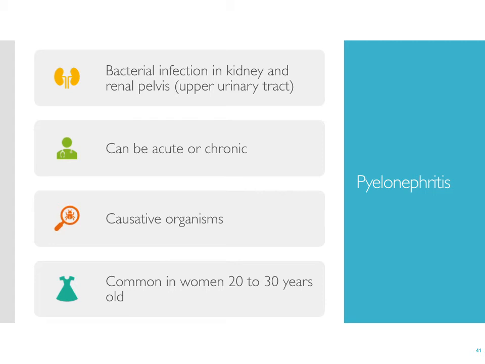So in other words, in the upper urinary tract. They can be acute or they can be chronic. And the causative organisms are the same kind of organisms that cause the UTIs that cause cystitis and urethritis. They are more common in women that are ages 20 to 30 years of age.